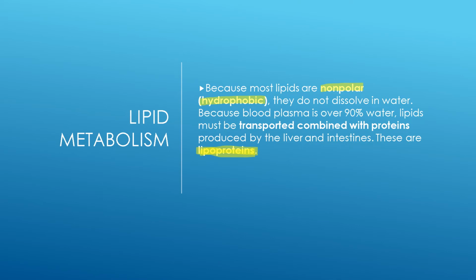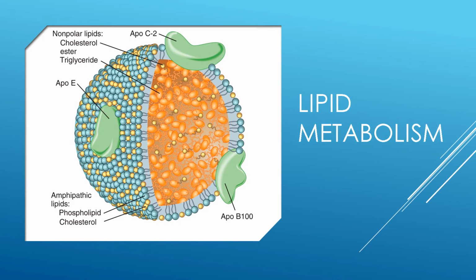Now these are spherical particles with an outer shell of hydrophilic proteins and phospholipids and cholesterol that surround an inner core of triglycerides and other lipids that are very hydrophobic. So here we have a lipoprotein.